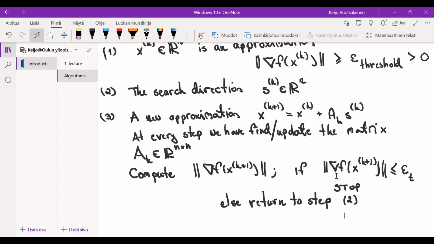So the difference between two consecutive points is small enough. Then you assume that we are close enough to the true minimum.